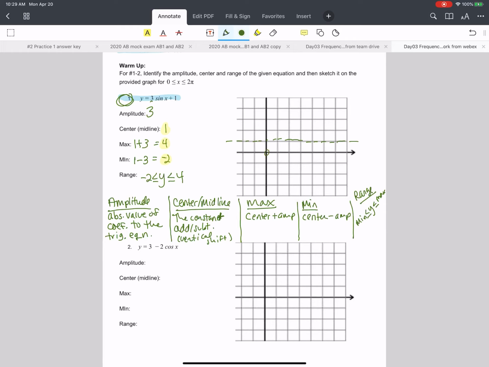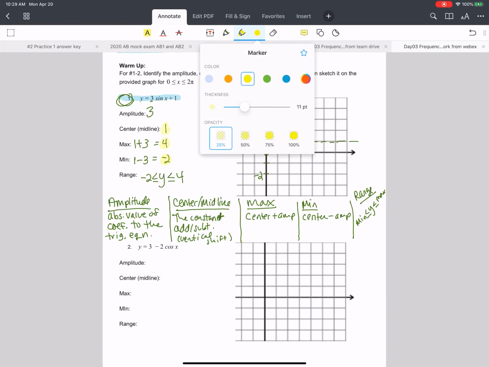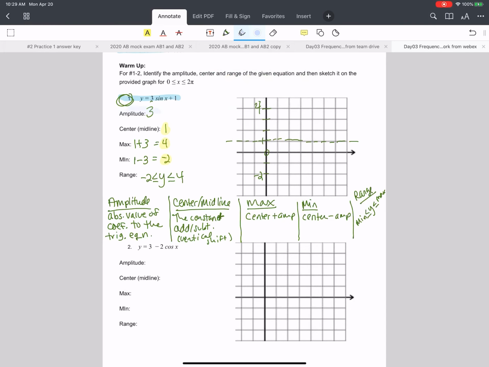So if this is 0, that's 1, that's -2. This is 0, that's 1. That's 2, that's 3, and that's 4. And I make sure that my amp is matching this, because my amp is 3, so this is going up 3 and down 3, so that's perfect.